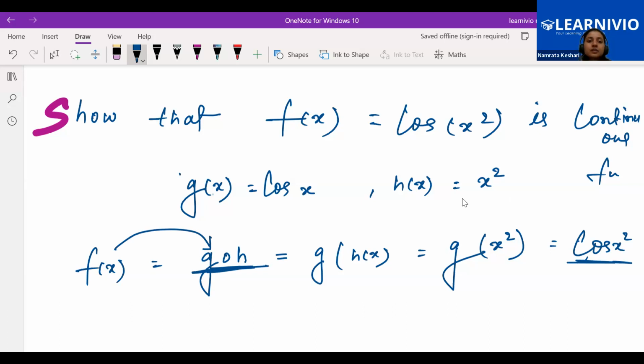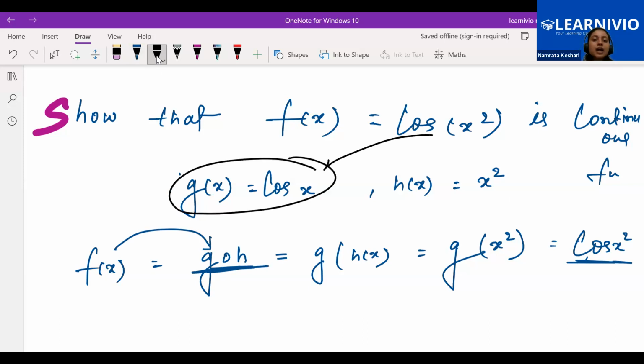Yes. So let me summarize what we did. We have taken a function by ourselves, with the hint we get from the given function, and one more function, so that the composite of both functions is the given function. Now we understand that h(x), x square, is a polynomial function and it is continuous everywhere, right? Yes.